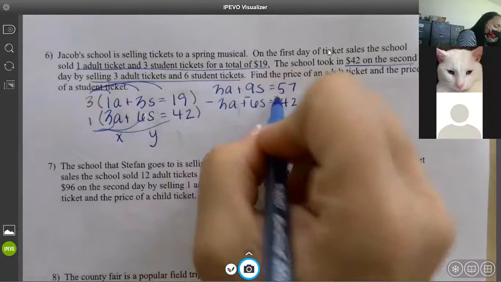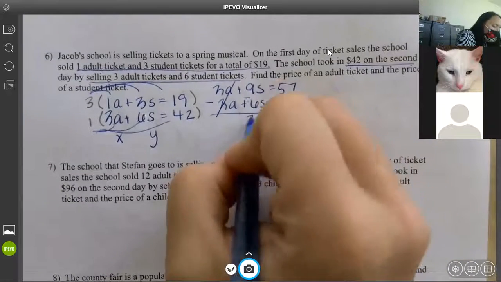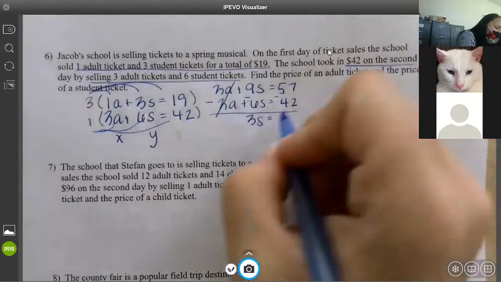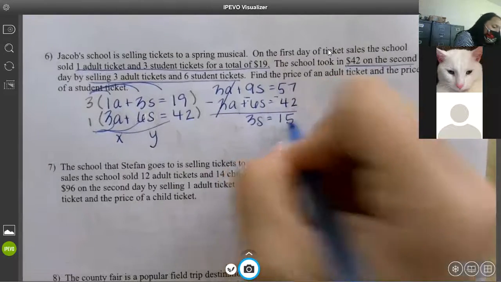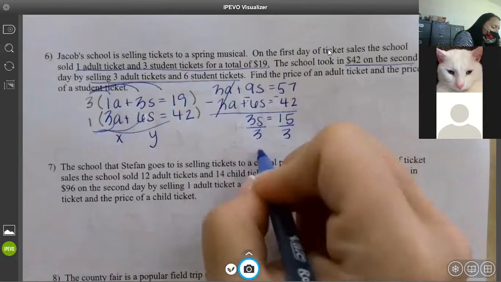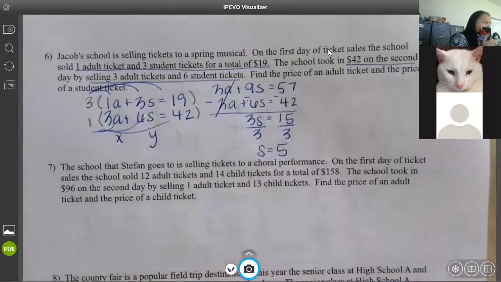Change the sign of everything. So your A's will cancel. 9 minus 6 is 3S. 57 minus 42 is 15. We're gonna divide by 3, and we get student tickets were $5.